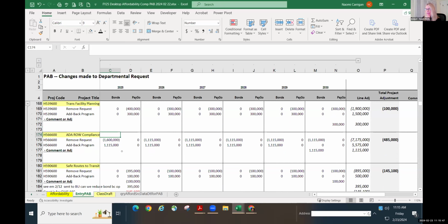ADA row compliance. This is another one. I think that there was something very specific tied to it. They were looking for 1.6, plan is 1.15. Their out years are back to plan, but I don't know, David, if you recall what was in ADA row compliance that caused the strange amount.